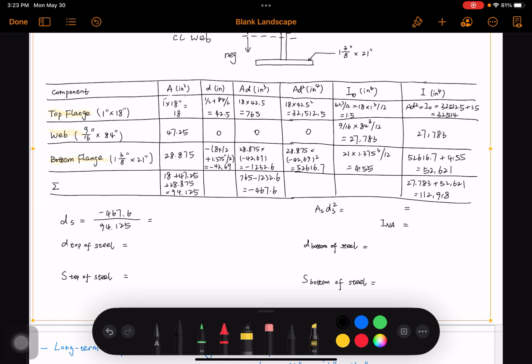So that gives the CG of the whole section as negative 4.97 inches.